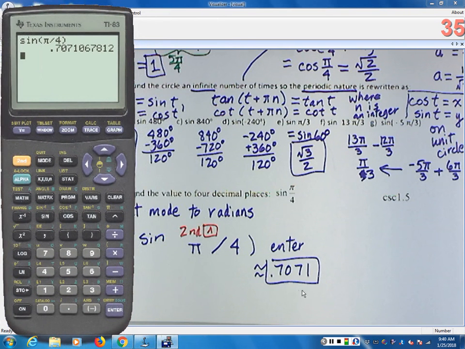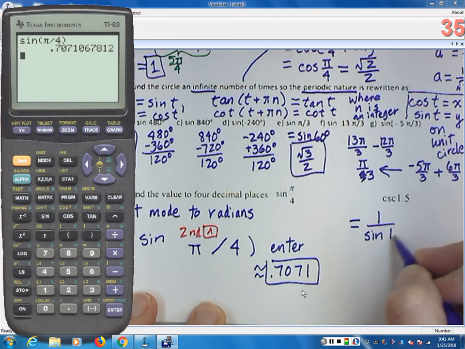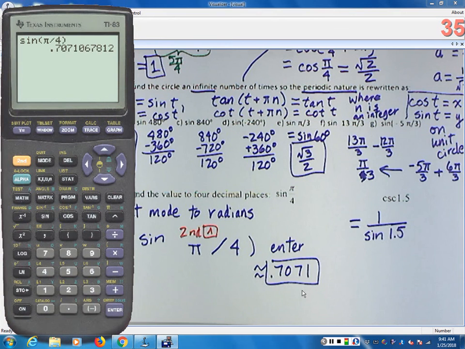Okay, how do you find cosecant? Well, there's no cosecant button on the calculator. So you have to remember that cosecant is 1 over sine. It says 1.5. There's no degree symbol, so you need it in radians. No degree symbol means it's in radians.